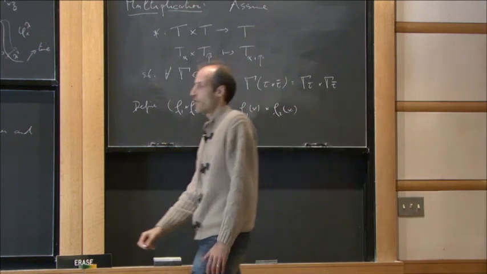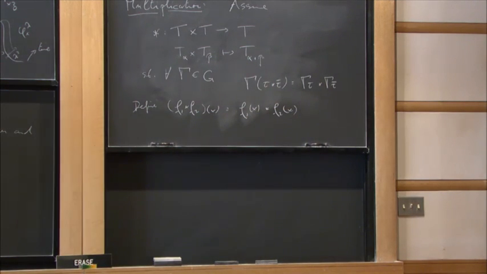And since the only useful objects for us are in some sense the ones in these D gamma spaces, because those are the ones that we know how to relate to an actual distribution, the question is, if you take two guys that belong to some of these D gamma spaces, does the pointwise product again belong to some of these D gamma spaces? So how does the regularity change when you do pointwise multiplication?